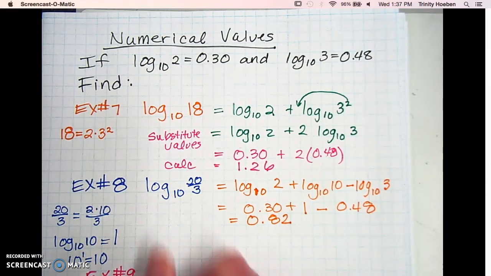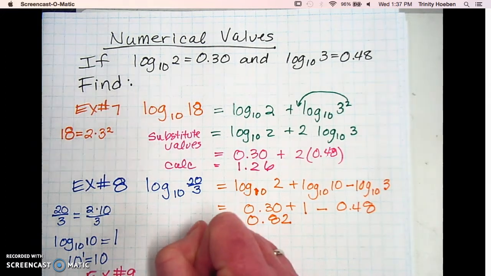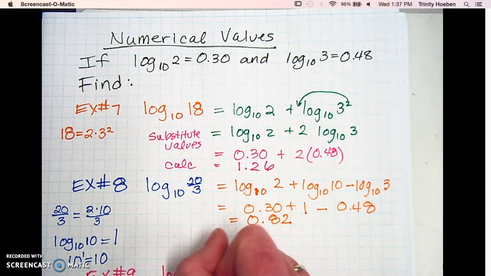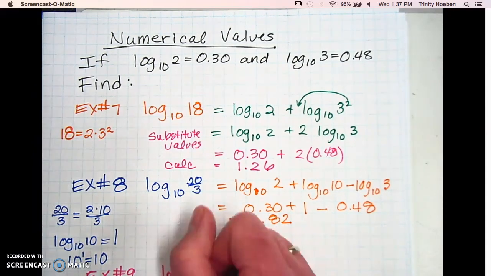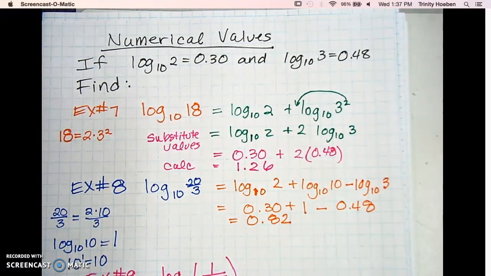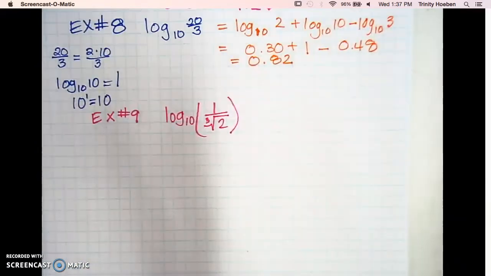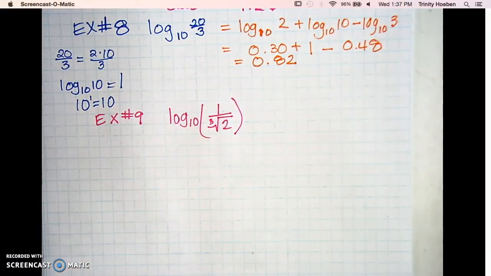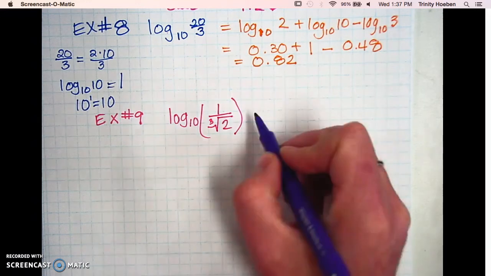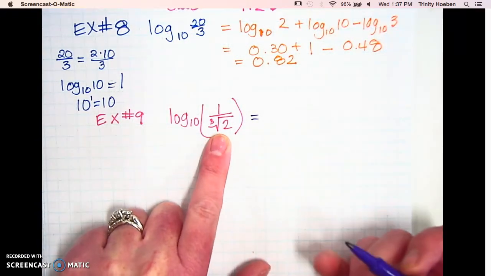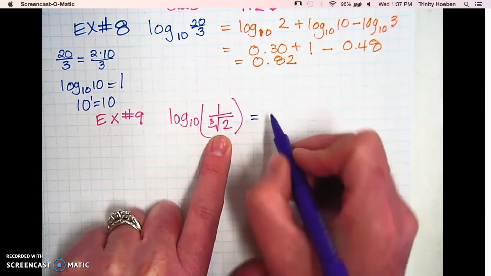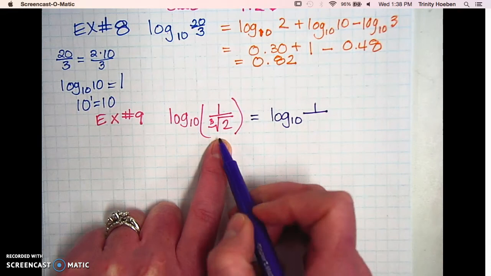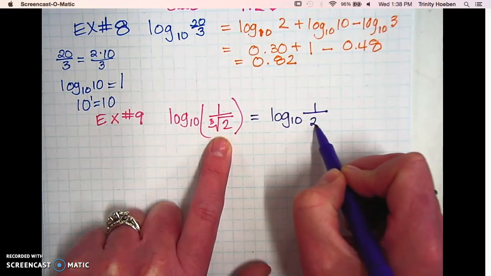So example number 9, we're going to do log base 10 of 1 over the third root of 2. So just slightly more complicated. Let me move it up a little bit. Okay. So the first thing is I'm going to rewrite this denominator with a power. So I'm going to say log base 10 of 1 over, and then we're going to have the 2 to the what power?